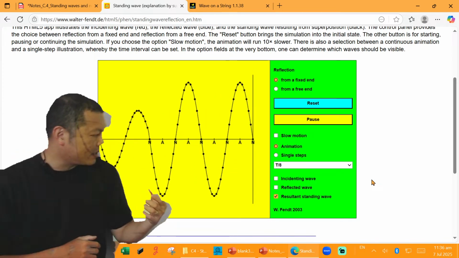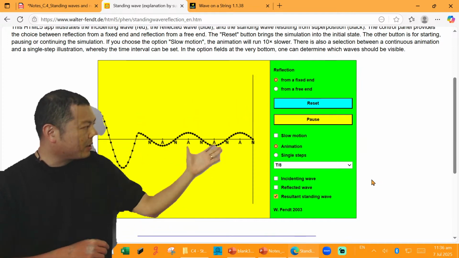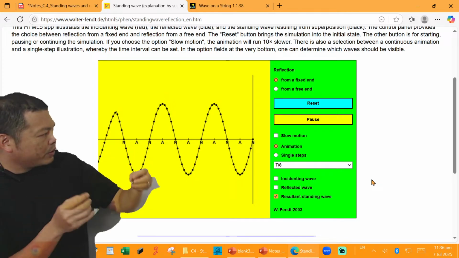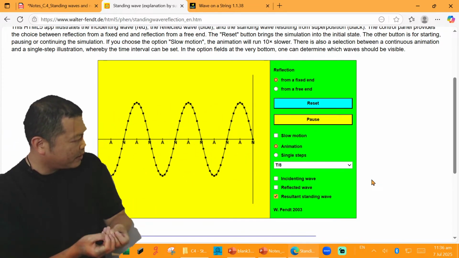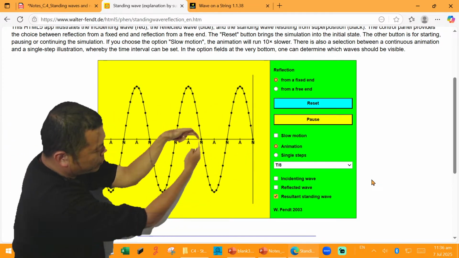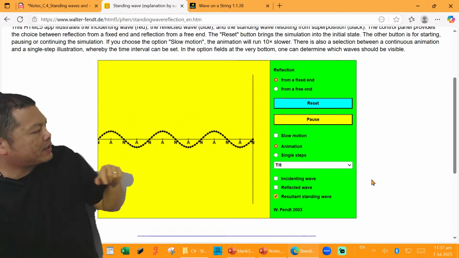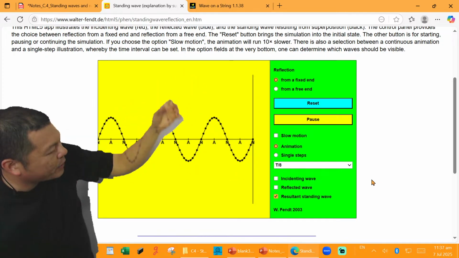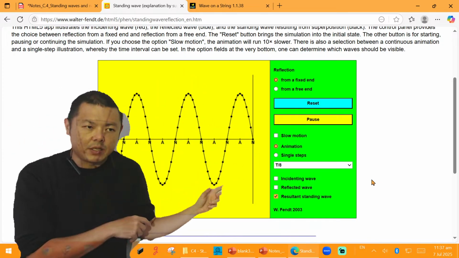When this happens, you will notice that the particles do not all have the same amplitude anymore. Only some particles will have the antinode amplitude, which is the one in the middle between two nodes, and the nodes themselves have zero amplitude. There are some particles with some amplitudes, they are fixed, but they are not as much as the antinode.